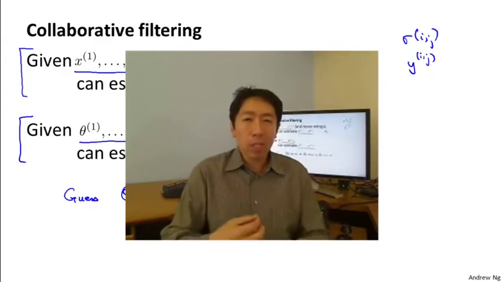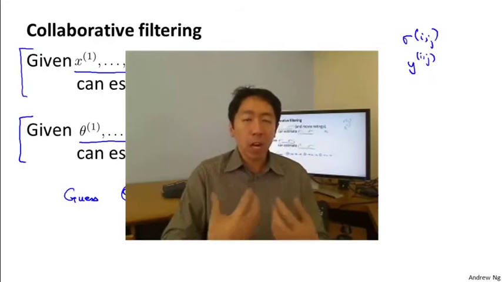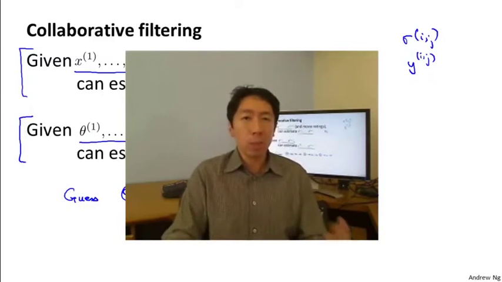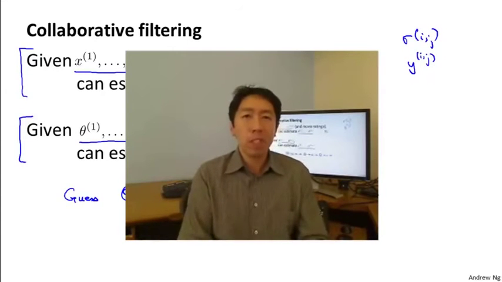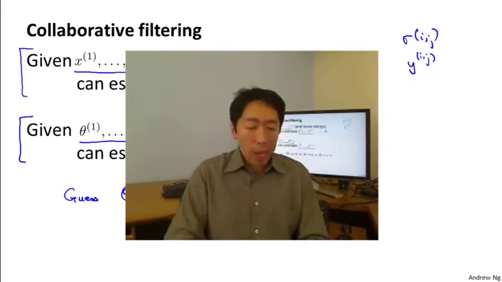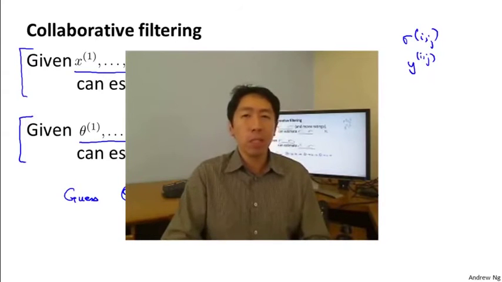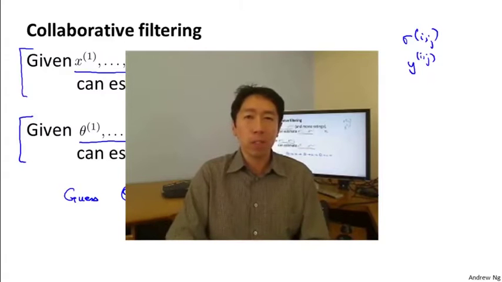By rating a few movies myself, I will be helping the system learn better features, and then these features can be used by the system to make better movie predictions for everyone else. And so there's a sense of collaboration where every user is helping the system learn better features for the common good. And so this is collaborative filtering. In the next video, we're going to take the ideas that we've worked out and try to develop an even slightly better technique for collaborative filtering.